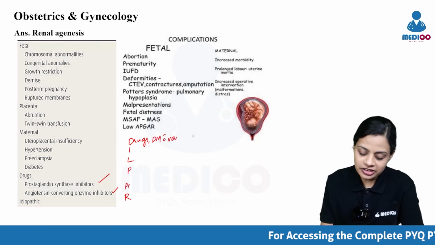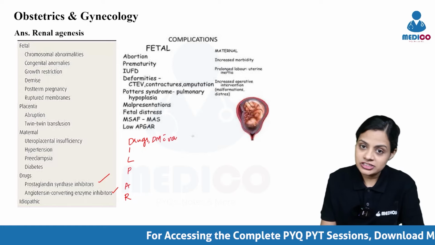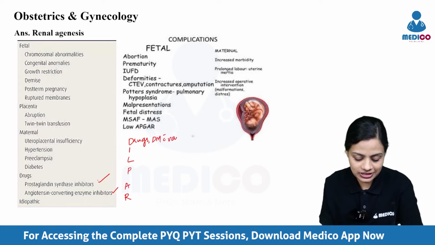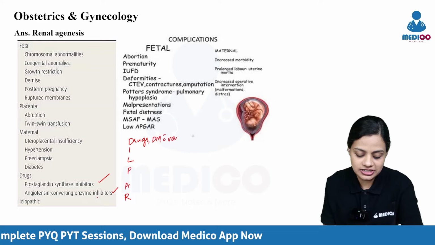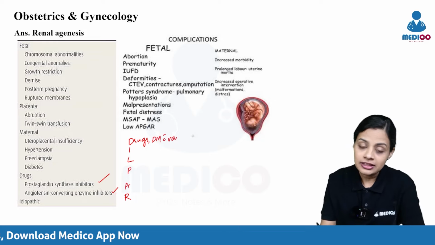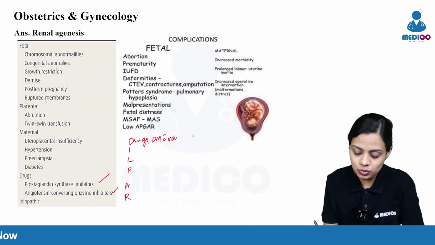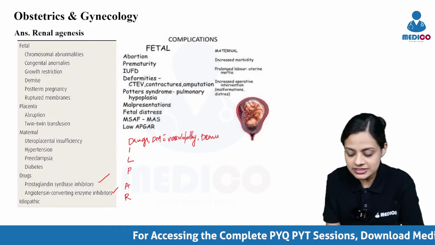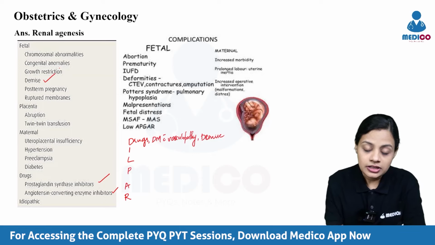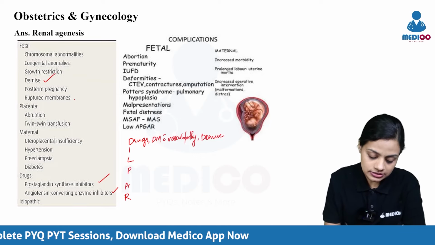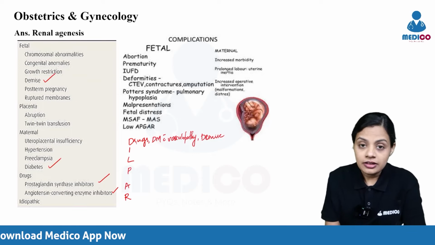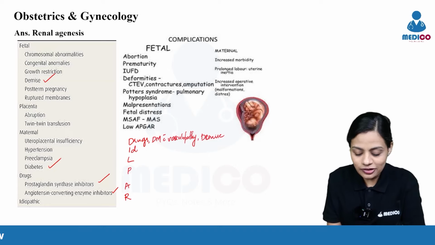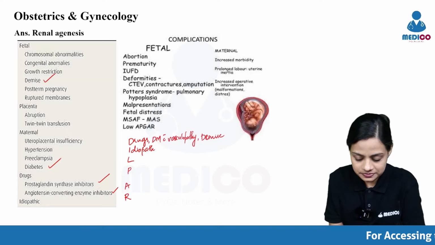We'll come back to our mnemonic, DILPAR. First one was drugs, we talked about it: prostaglandin synthase inhibitors, angiotensin converting enzyme inhibitors. Then you've got diabetes mellitus with vasculopathy. The third D is demise of the fetus, that is intrauterine fetal demise. Now, I is for idiopathic.